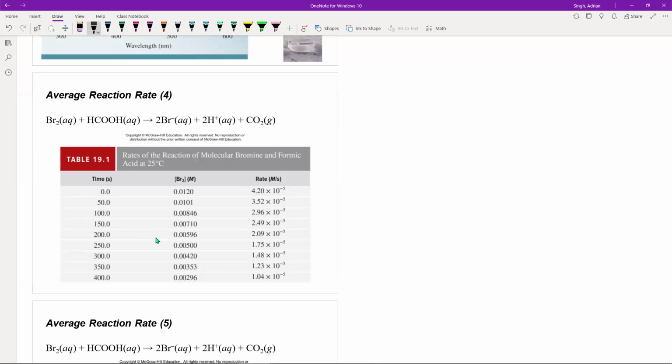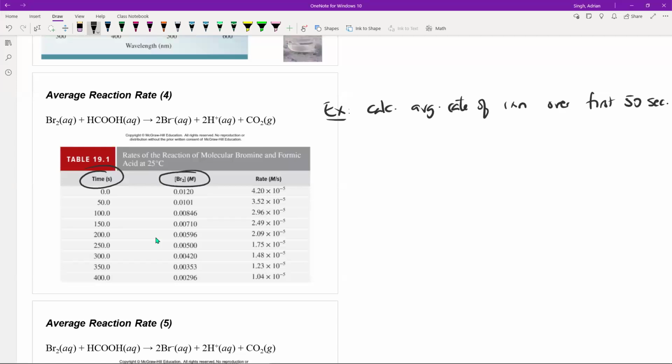So for example, we're asked to calculate the average rate of this reaction over the first 50 seconds. I have a bunch of data here. I have time in this column, and I have the concentration of bromine in the second column.